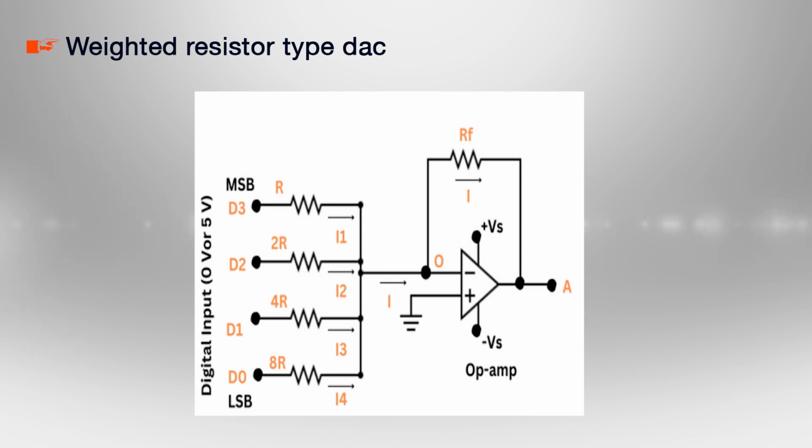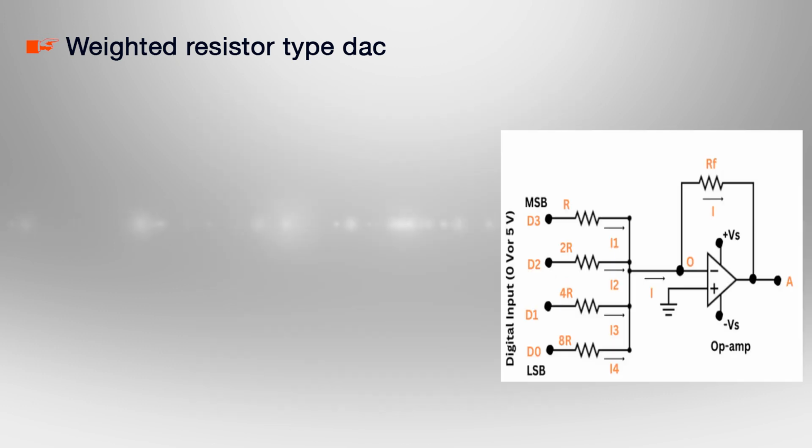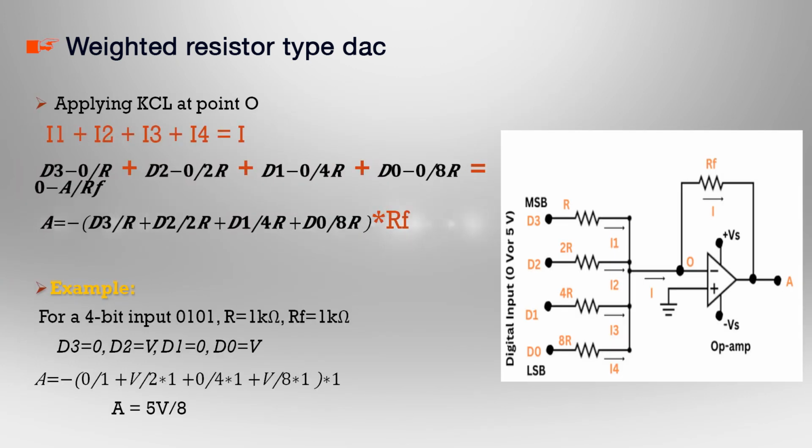Digital data is either 1 or 0. So, let us consider 0 volt indicates 0 and 5 volt indicates 1. Now, applying KCL at point O, total incoming current in the circuit is I1 plus I2 plus I3 plus I4, which should be equal to outgoing current from point O, that is I. So, we come across the equation given below.